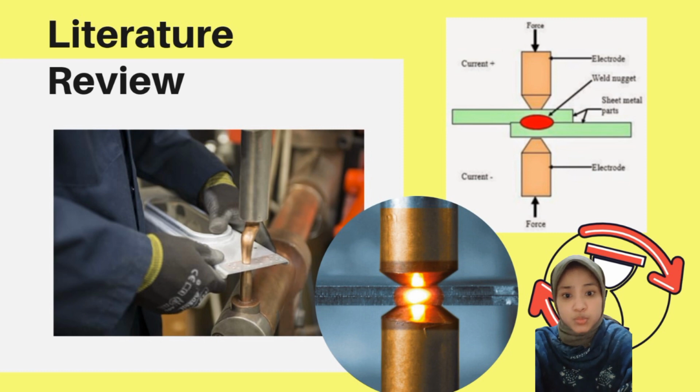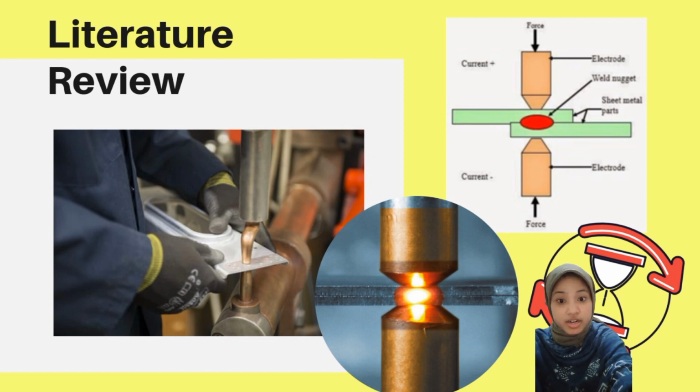And what is spot welding process? Spot welding process is a method of electric resistance welding in which two or more metal sheets are clamped between two metal electrodes under the influence of pressure before current is flowing.